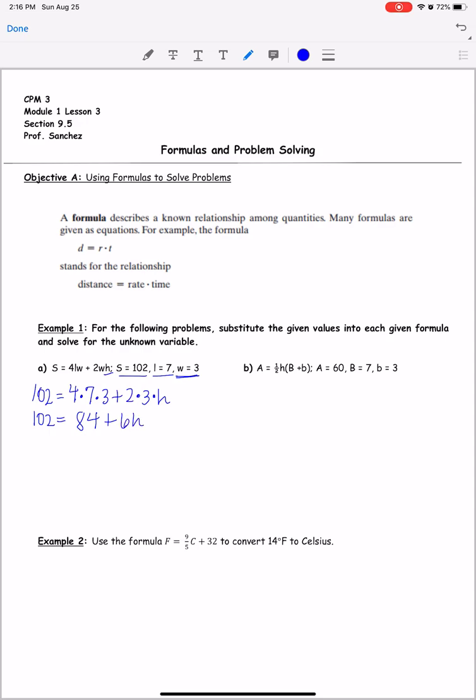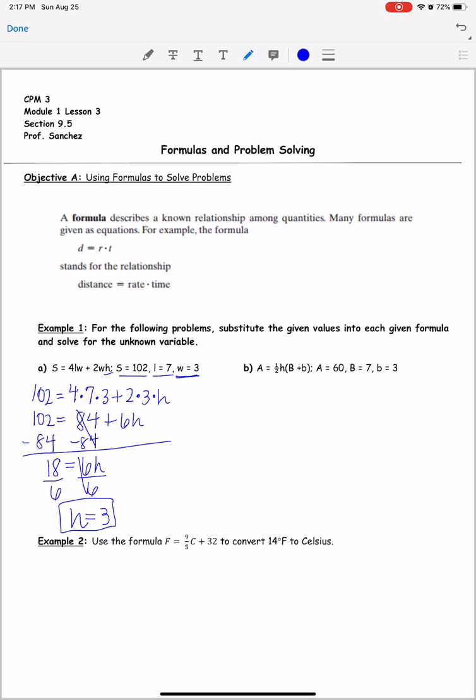So now we just have a two-step problem. So let's subtract our 84 from both sides. So 102 minus 84 gives me 18. So 18 equals 6H. Divide both sides by 6. And my final answer is that H equals 3.